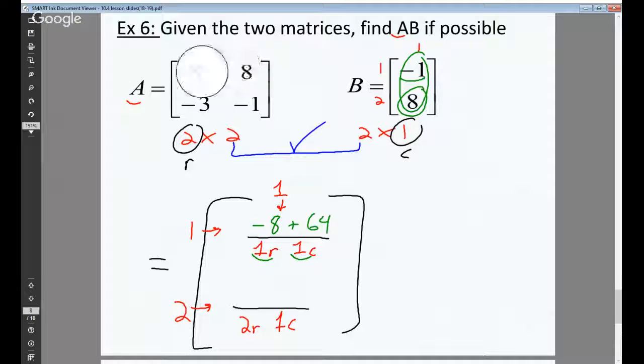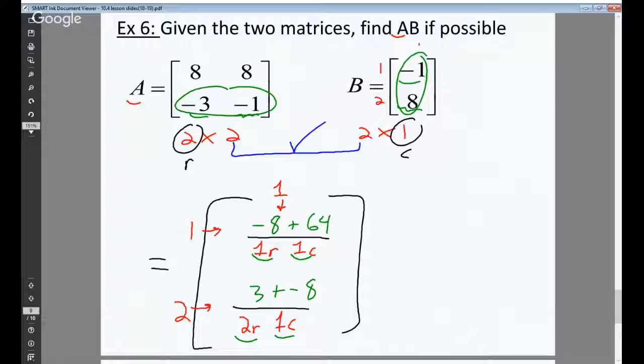Then for the next one, we'll do second row and then first column, which has already been circled, but I will circle it again. Then multiply the first elements, -3 and -1 to get 3, -1 and 8 to get -8, and then combine those.